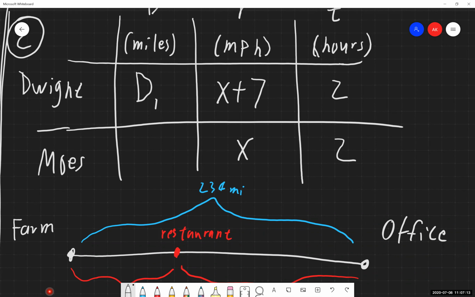And we don't know the distance that Mose traveled, so I want that to be d sub 2. There's nothing particularly important about the subscript or that states any specific value. It's just a placeholder to show us that we have two distances.